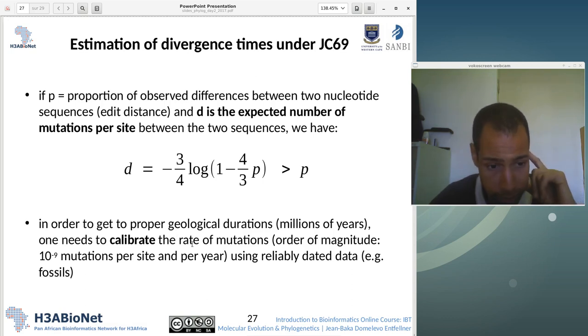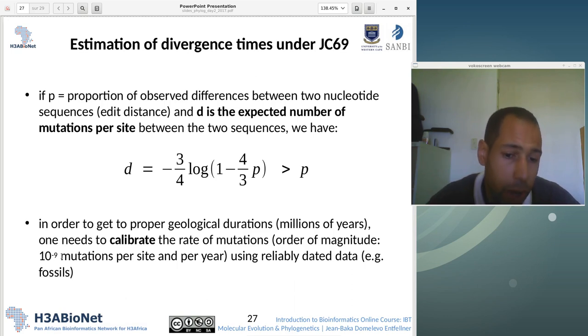Just to give you an order of magnitude, I don't remember exactly what kind of alignment I got this from, but in most DNA alignments, if it's not very quickly evolving organisms like viruses, I think it's from mitochondrial DNA of mammals or something like that, I got this 10 to the power minus 9 mutations per site and per year.